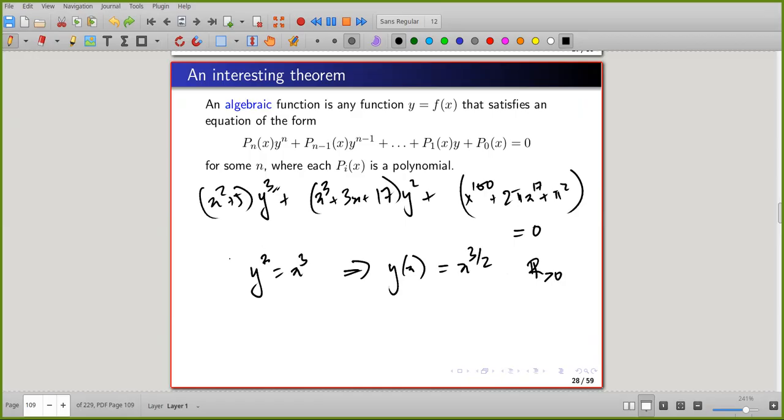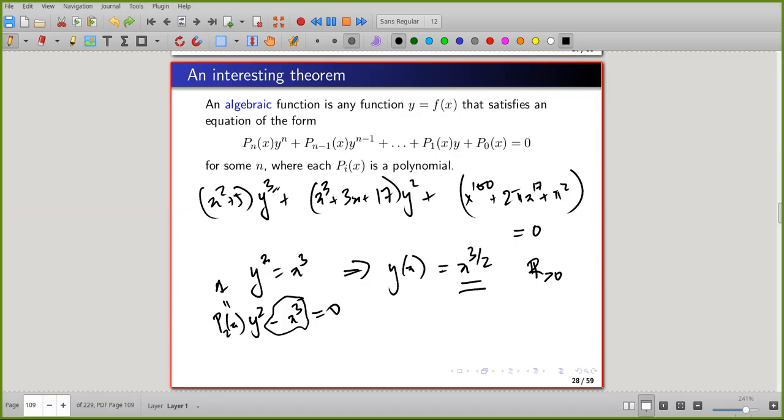So I can rewrite this as y squared minus x cubed is equal to 0. Here my P2(x) is the constant function 1, P1(x) is 0 and P0(x) is minus x cubed. So we can get many nice simple functions as algebraic functions.